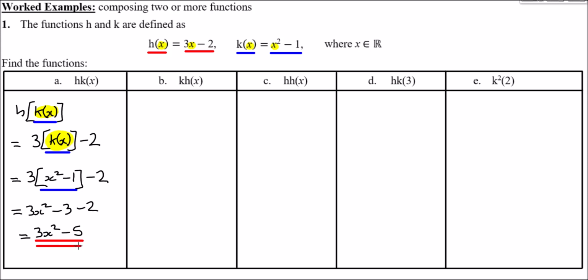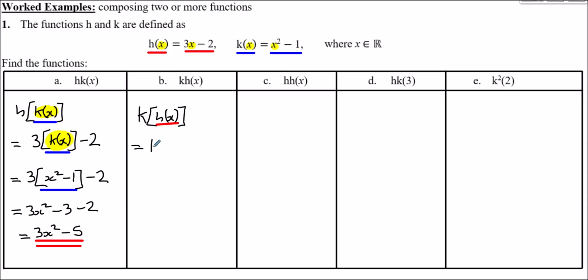Next, let's consider kh of x. This time, we're doing k of the function h of x. Of course, h of x is 3 lots of x minus 2. So what does k do?